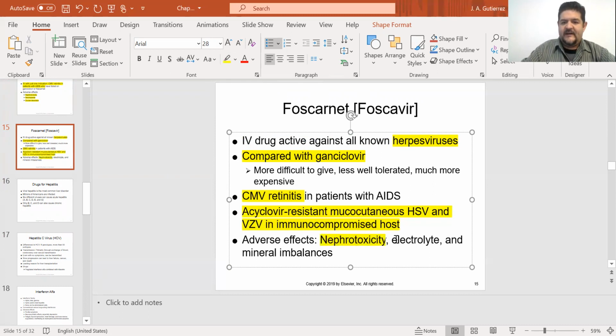Foscarnet has a tendency of causing an electrolyte imbalance regarding sodium, potassium, and calcium. So we need to be careful on changes regarding fluids. If we're talking about sodium or potassium, we have to make sure that we do follow-ups with the heart, EKGs. If we're talking about calcium, then we need to be in close contact with the muscle contractions and so on.